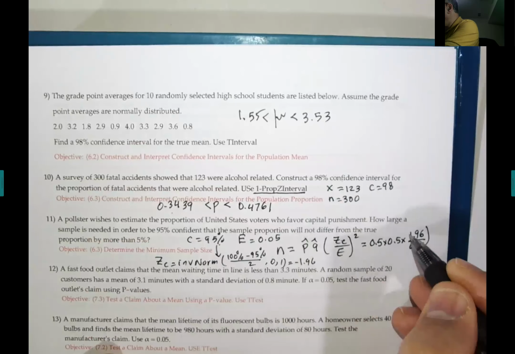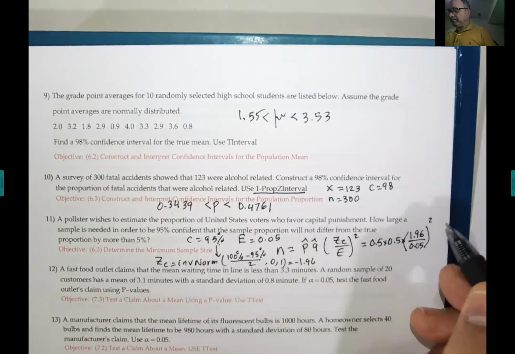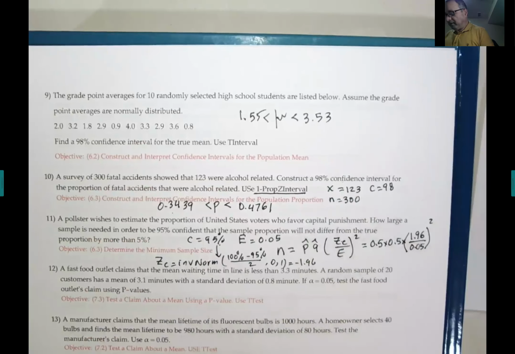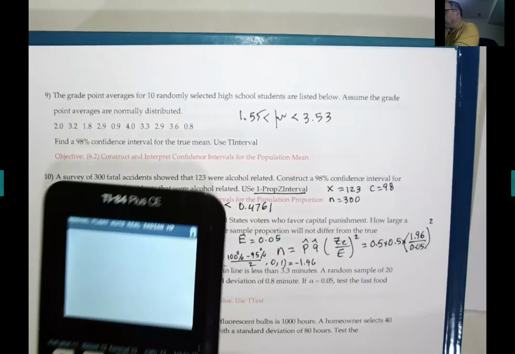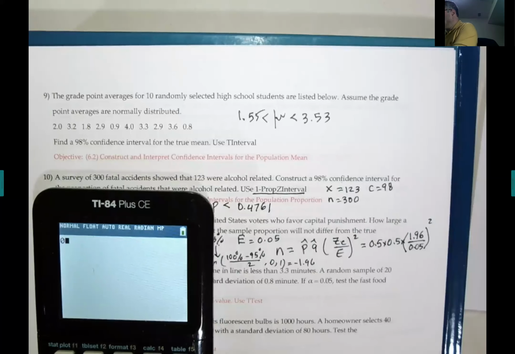Okay, you want to compute this with me, please? So let me just do the math. I'll put the calculator here, guys, so you see what I'm doing. 0.5 times 0.5 times, open parentheses, 1.96 divided by 0.05, close parentheses, and square.